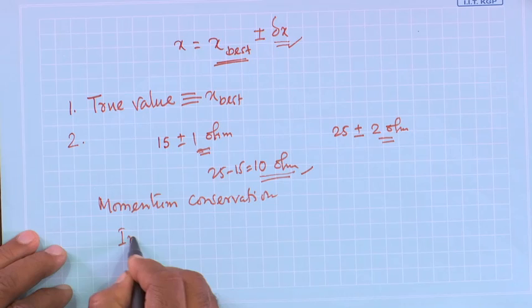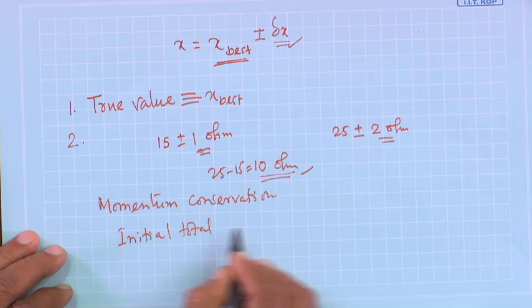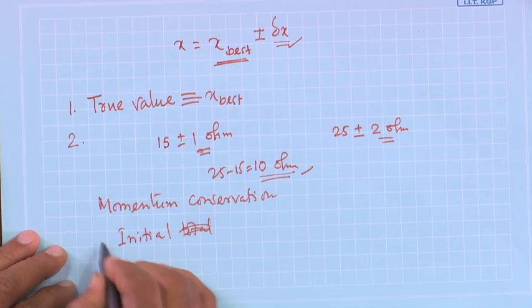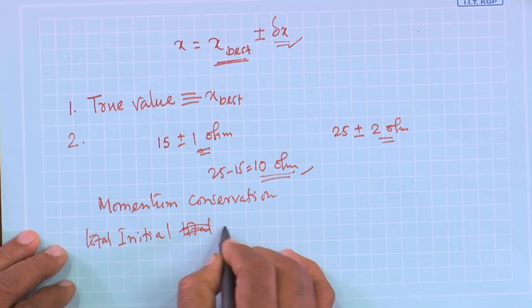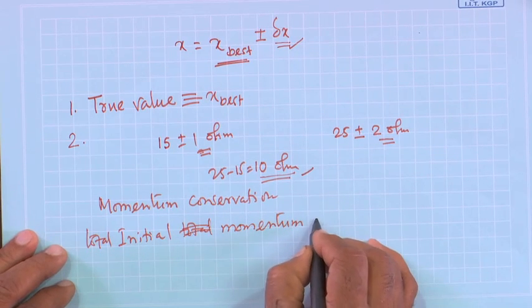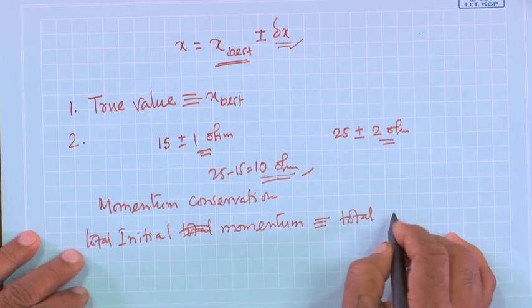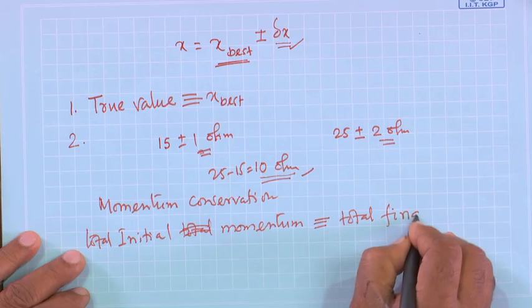So, what does it mean? The initial total momentum of the system should be equal to the total final momentum of the system.